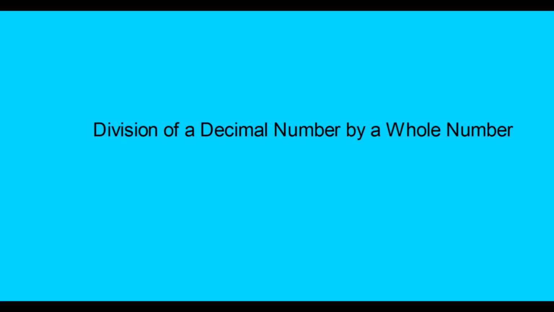Now let us see division of a decimal number by a whole number. What is 2.4 divided by 2? 2.4 you can write as 24 by 10. So this we can write as 24 by 10 divided by 2. Instead of dividing, you have to multiply by the reciprocal. So we get 24 by 10 into 1 by 2.